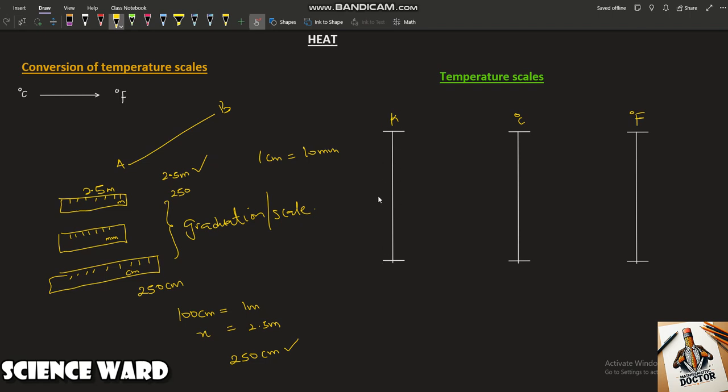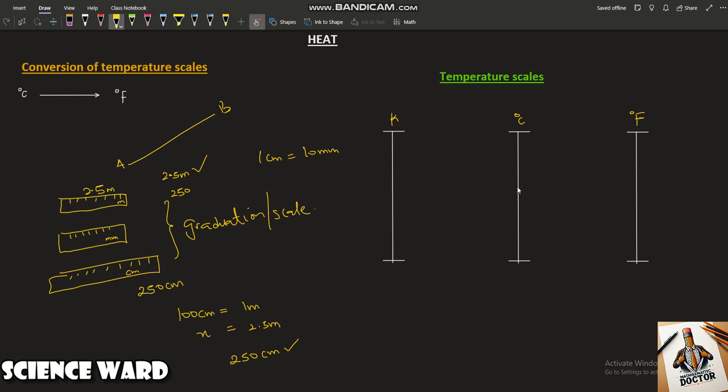For instance, on this thermometer, values are going to be obtained in Kelvin. On this thermometer, values are going to be obtained in degrees centigrade, and vice versa. The graduation of this thermometer is in Kelvin, and the graduation of this one is in Celsius. Because they are two different thermometers, we expect the readings to be a little different from each other, if not completely different.